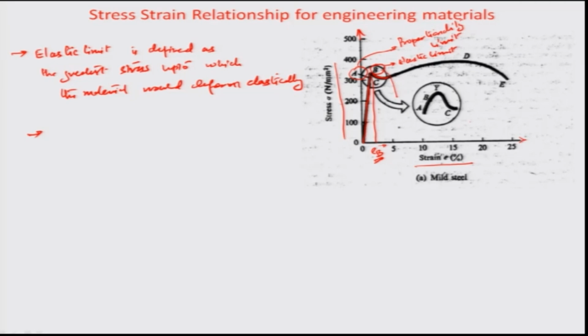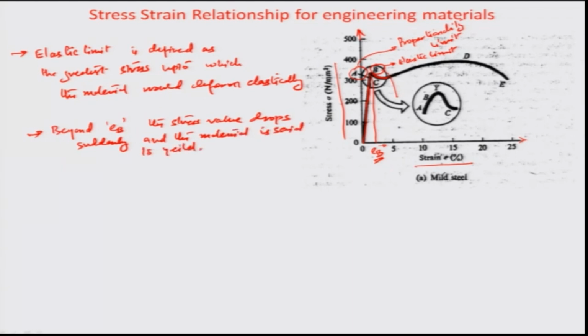So, beyond E b, the stress value drops suddenly, and the material is said to yield.